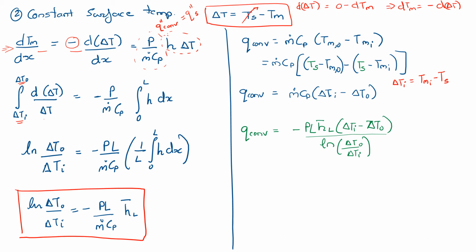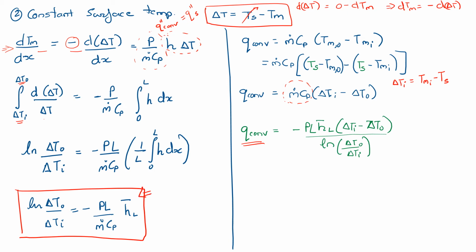This gives me the convective heat transfer, and I'll substitute the m dot Cp here from this equation right here.